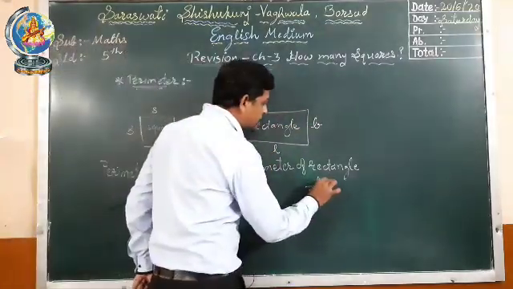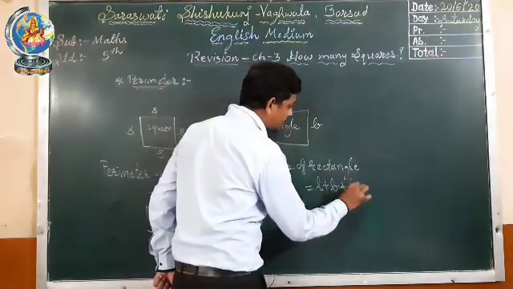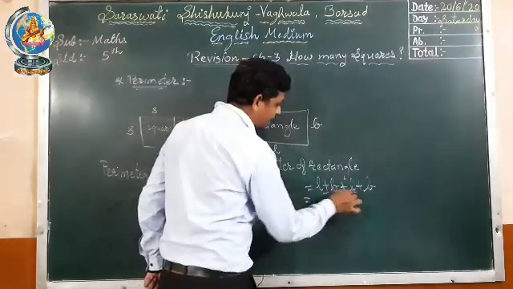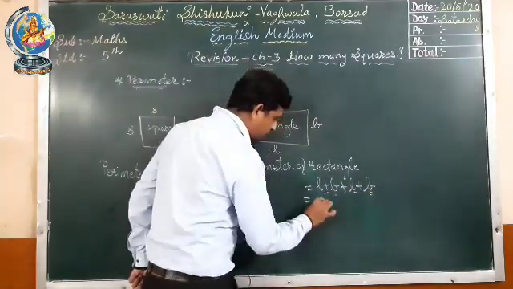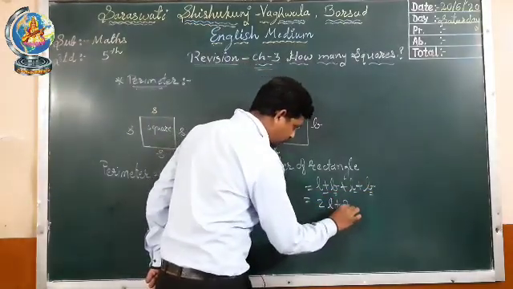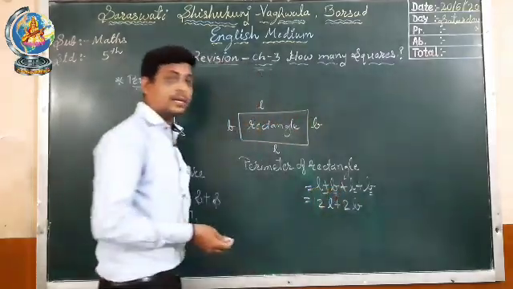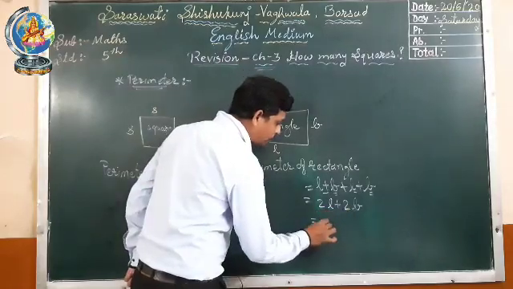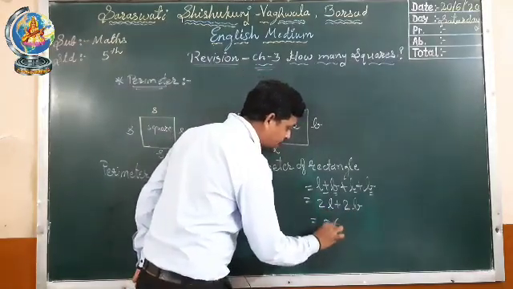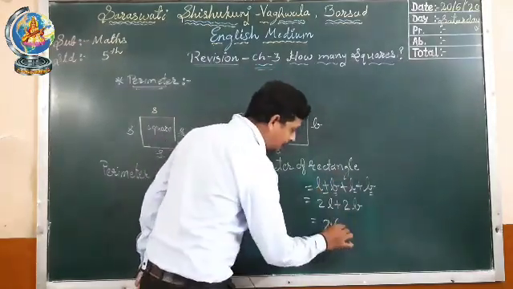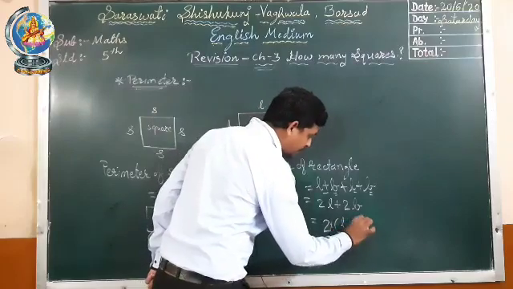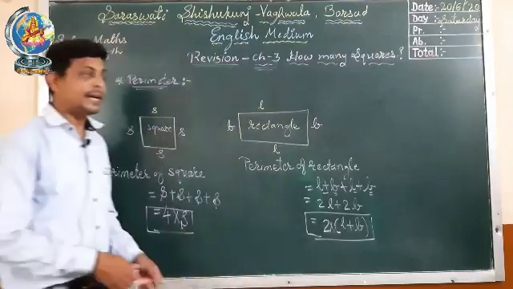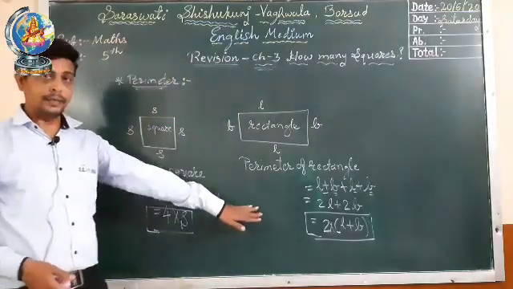So 2L and 2B, so 2L plus 2B. 2 times L comes and 2 times B comes, that's why we write 2L plus 2B. So 2 we will take common outside of a bracket, here multiplication sign will come, L plus B. So this is the formula for finding perimeter of rectangle.